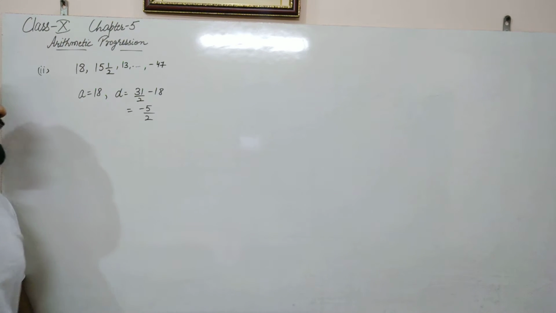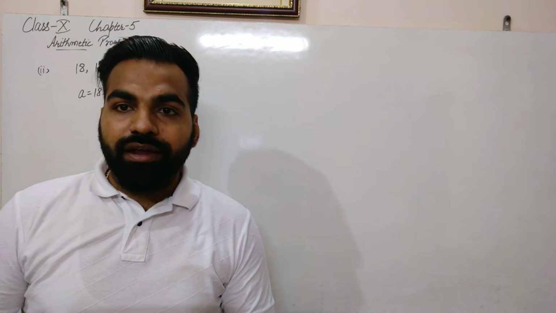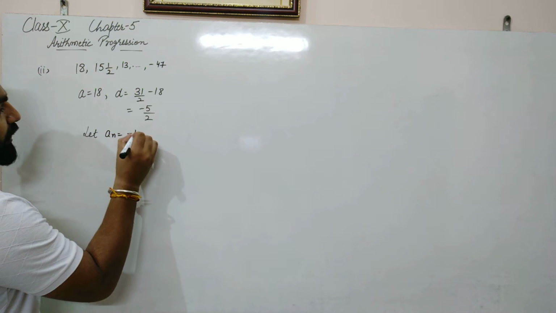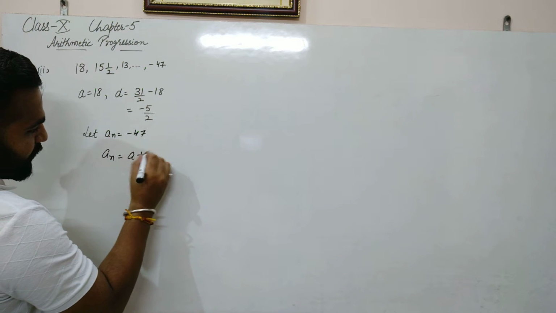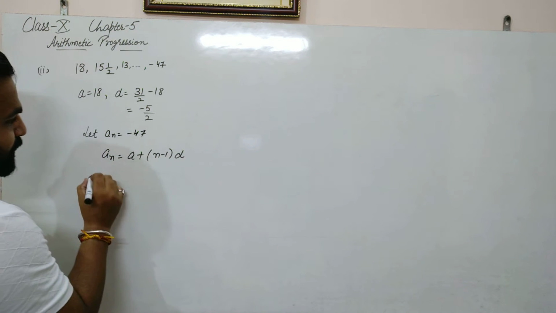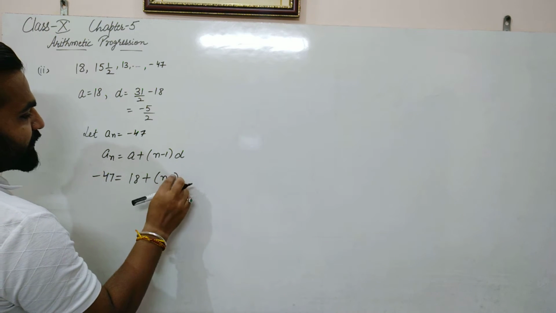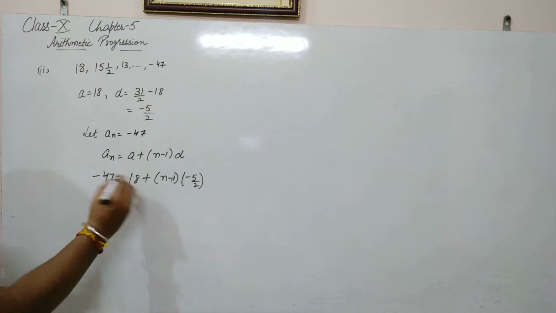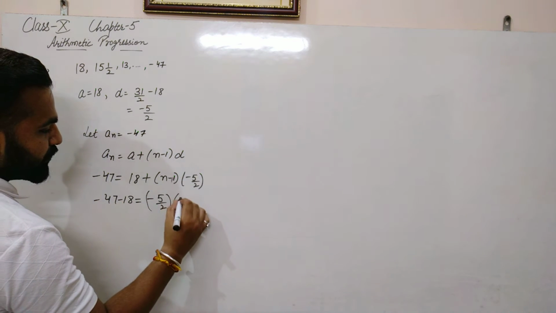The AP is given: 18, 15 1 by 2, 13 and so on. We can see the last term here is minus 47. To calculate the value of N, we will take this last term as AN. So let AN be equal to minus 47. Use the formula AN is equal to A plus N minus 1 into D. Minus 47 is equal to A, which is 18, and D is minus 5 by 2. So this will become minus 47 minus 18 equal to minus 5 by 2 into N minus 1.